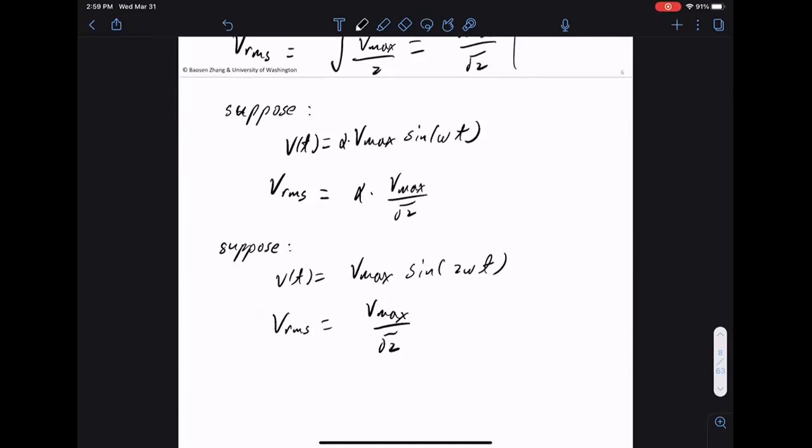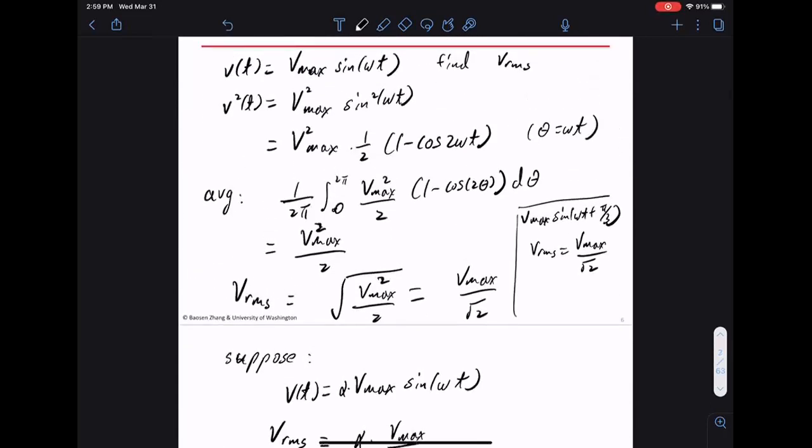The reason is that if you look at this integral, omega never showed up in the final solution. Once you do the integral, the term with omega just went away. So omega has no impact on the solution, and the reason is, let's look at this more closely.